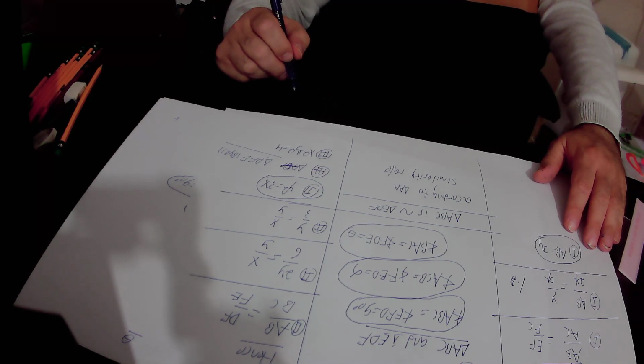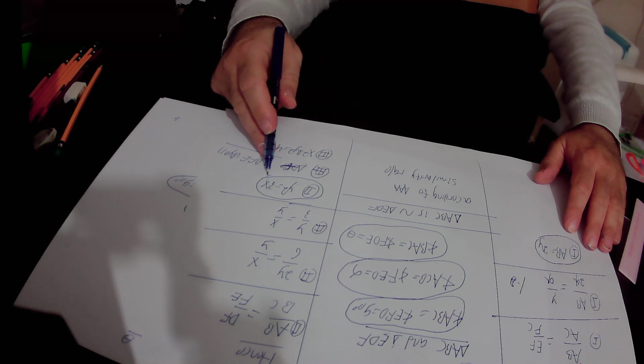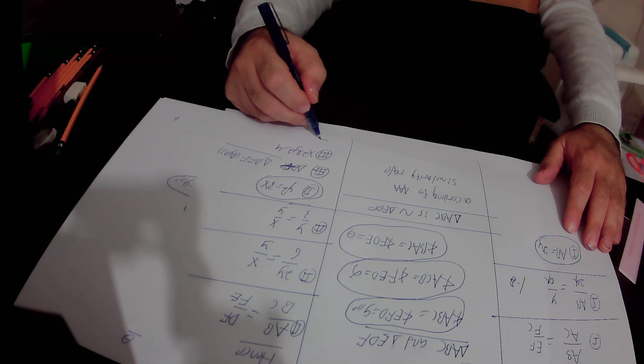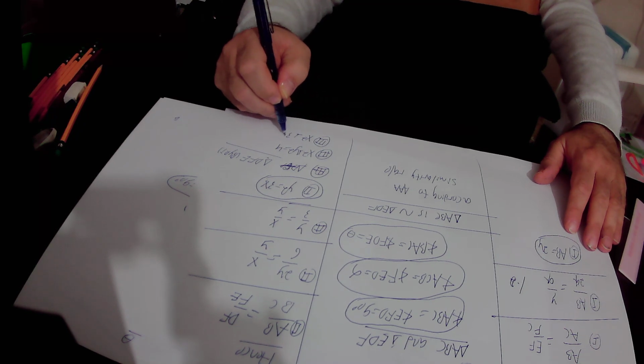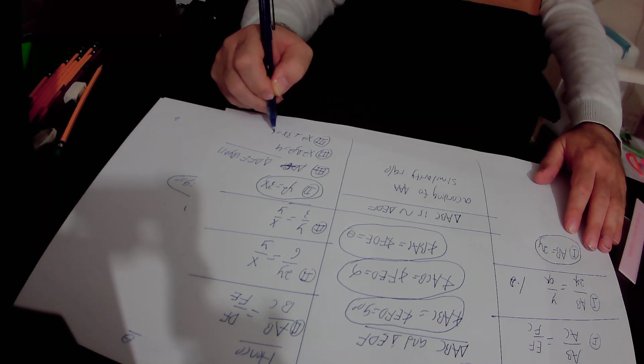So according to equation number 3, x squared plus y squared equals 4. Here we will substitute y squared in equation number 3 by 3x, because y squared equals 3x according to equation number 2. And we get x squared plus 3x equals 4.